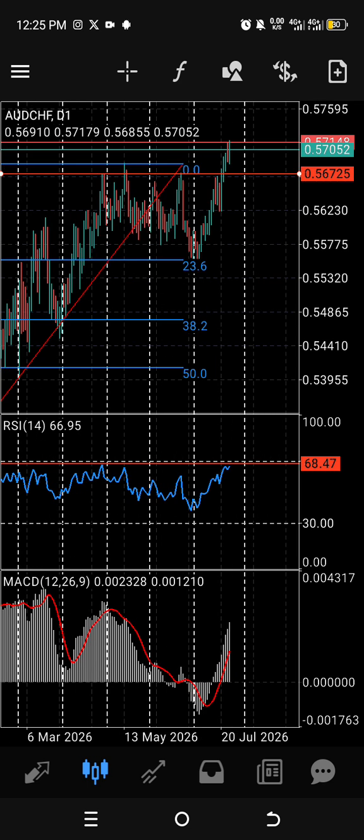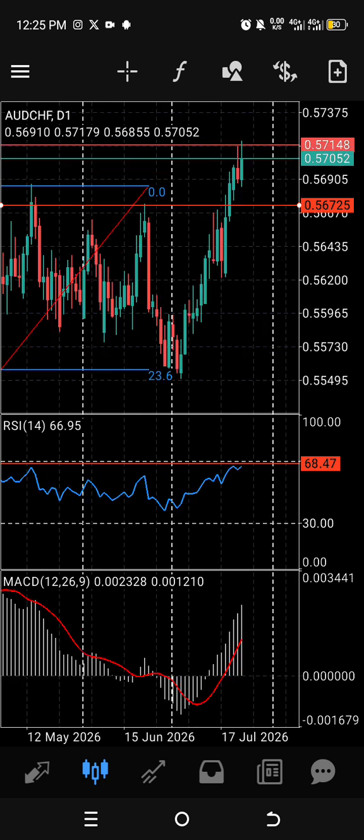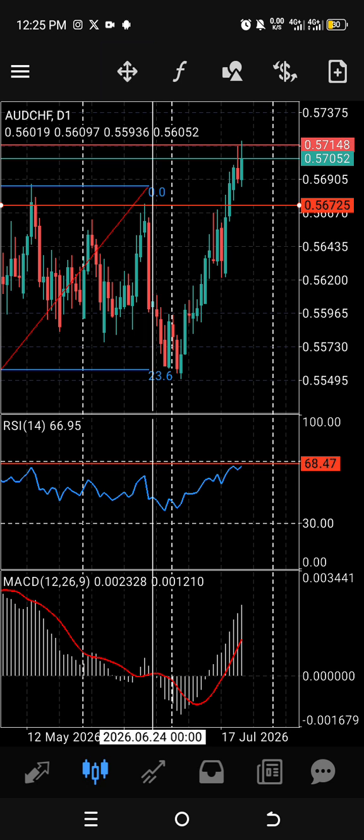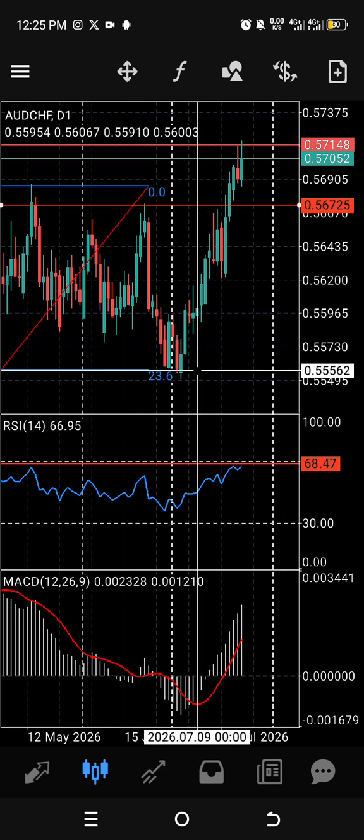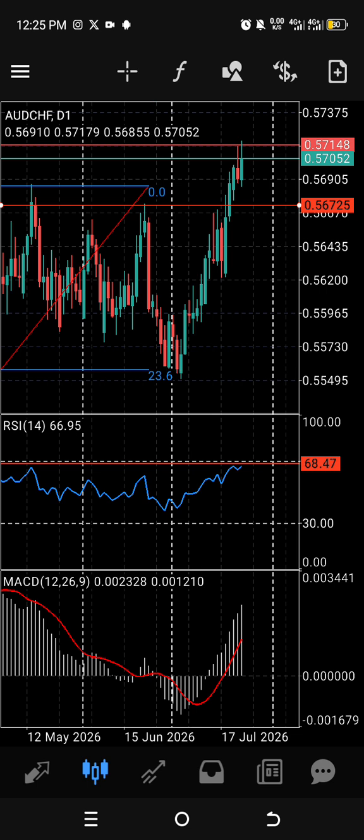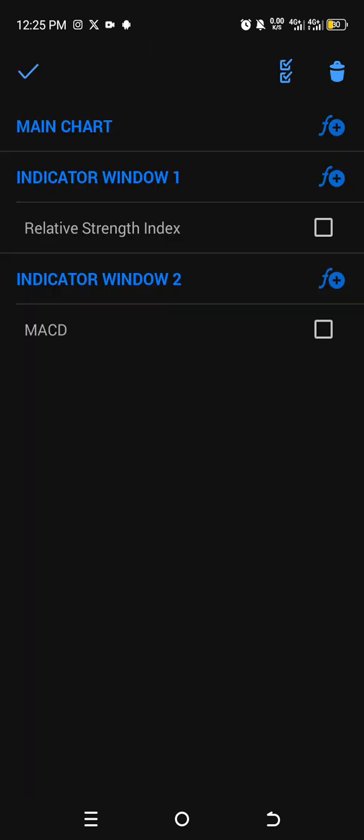Remember, if you have been watching my videos, if I did not use SMA 20 as my take profit, I use a Fibonacci level. Now, look at what happened here. The market came to the 23 level here. Let me remove all this so that you see these things very well.